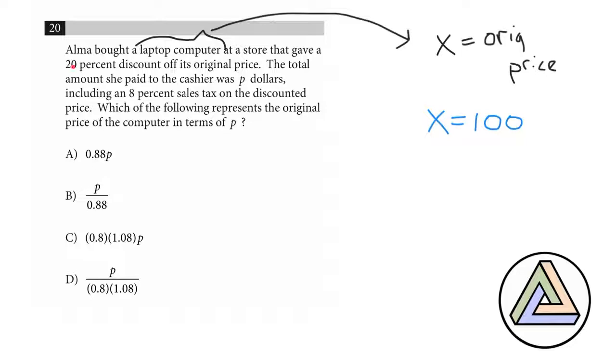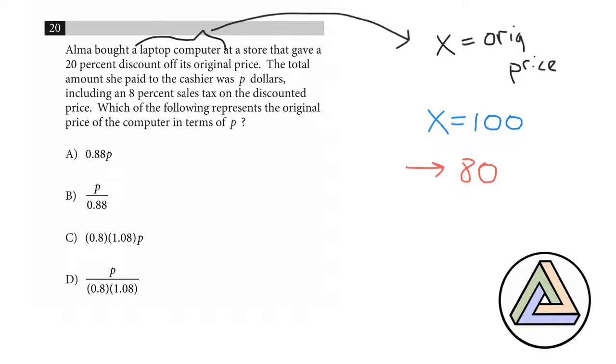So when there was a 20% discount off of this, it then became $80. And by the way, that's why I'm using $100 as the original price, because it's very easy to apply percent changes to the number 100. 20% off of 100 is 80, so it's $80. But she didn't pay $80.